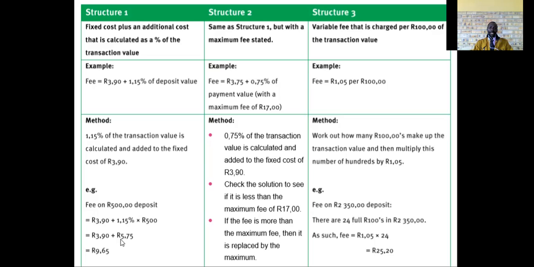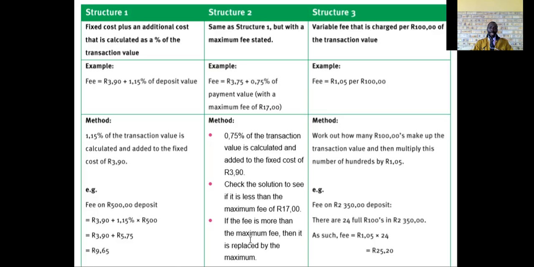And that is going to be 5.75. And that is how you get to the 9.69. Then for the second one, you have 0.75% of the transactional value calculated and added to the fixed cost. Now check the solution to see if it's less than the maximum fee.